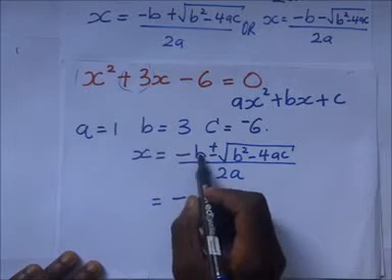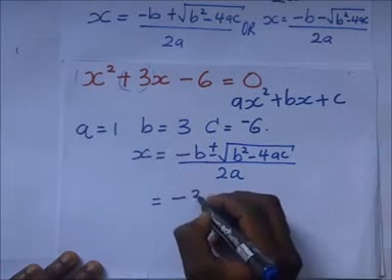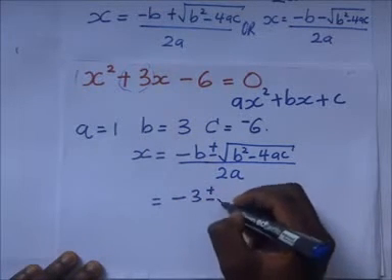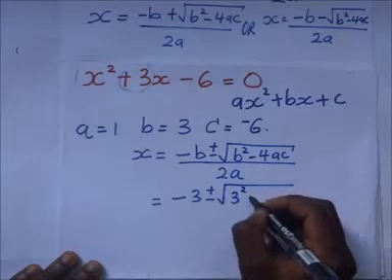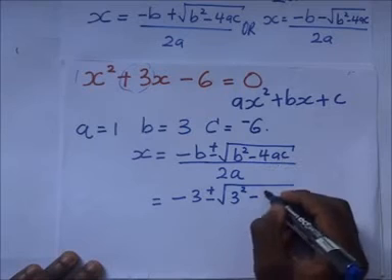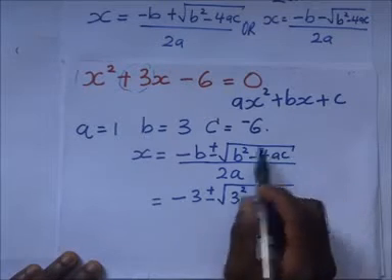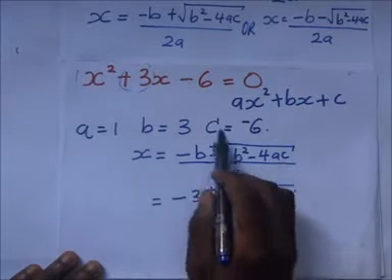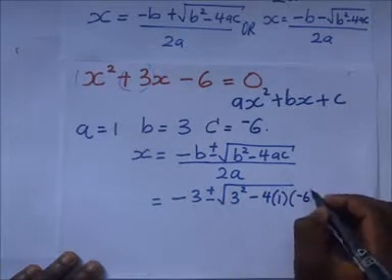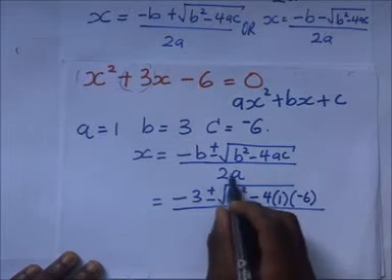So it becomes negative b, our value of b is 3, so it's negative 3 plus or minus b squared, which is 3 squared, minus 4 times our value of a, which is 1, times our value of c, which is negative 6. Divide all that by 2a.